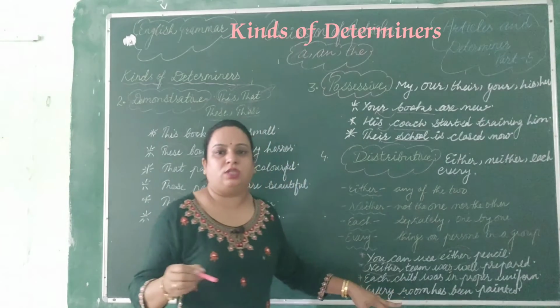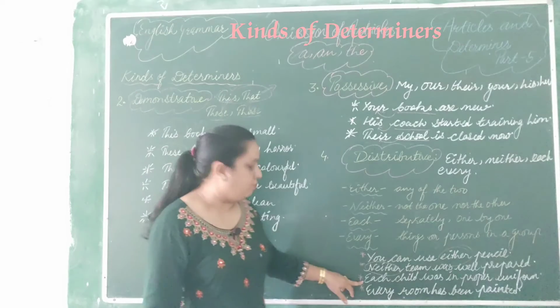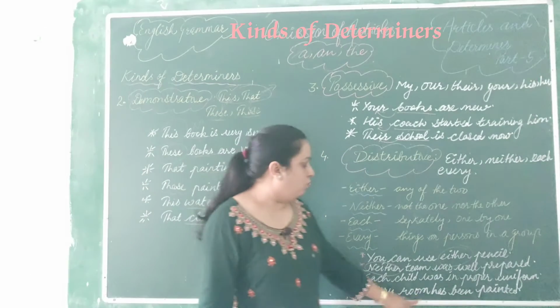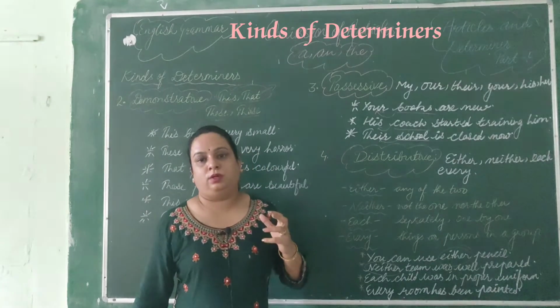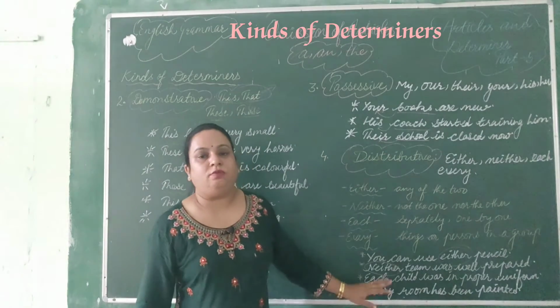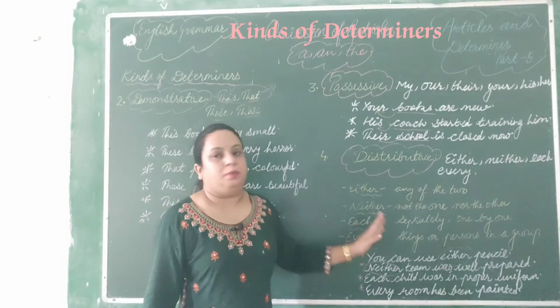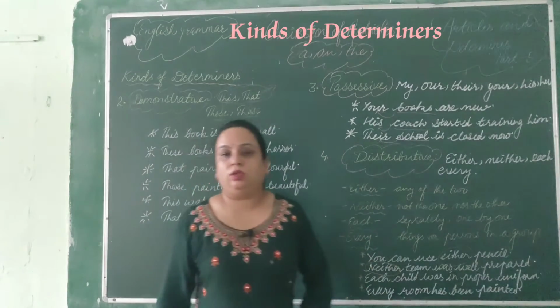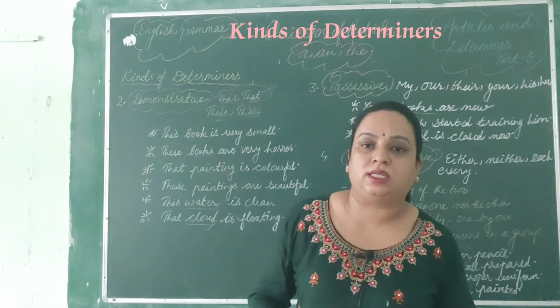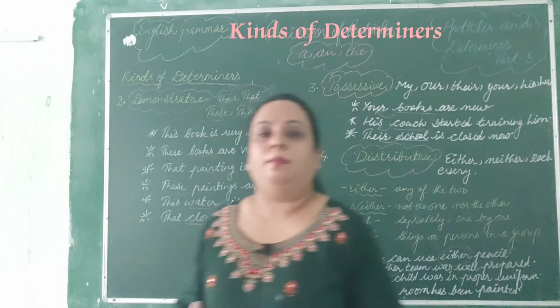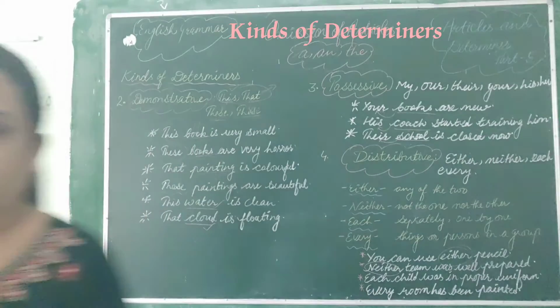So each child was having a proper uniform, and every room has been painted. So here we are talking about a group, clear? So this is the use of distributive determiners. Please take the screenshot, note down the examples and learn for examination, and the rest we will do in the next kind just after this, but before that take the screenshots.